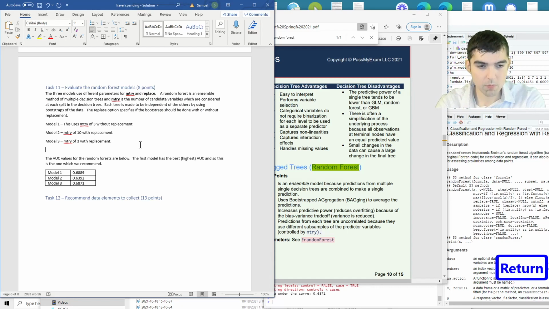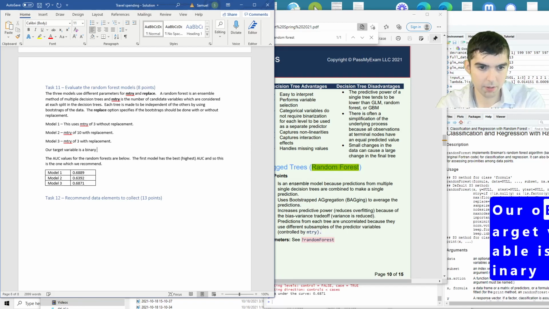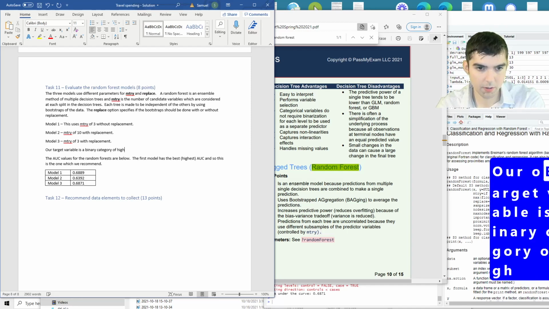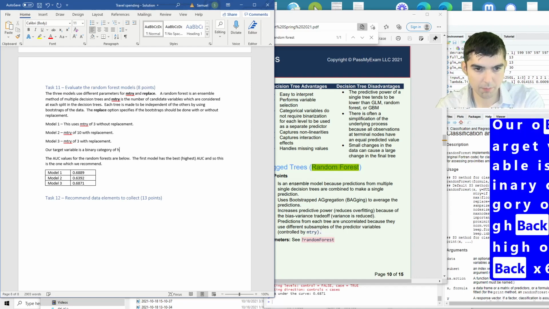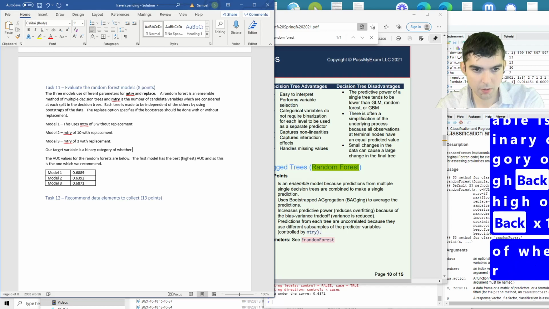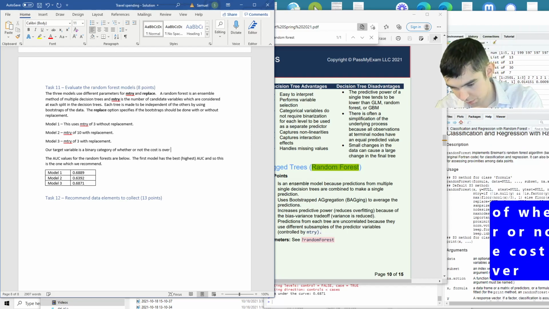So our target variable is a binary category of whether or not cost is over 500.